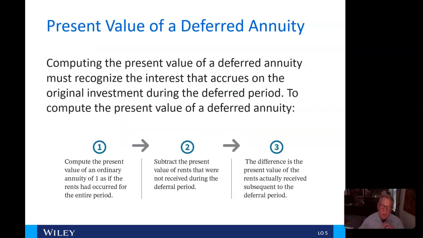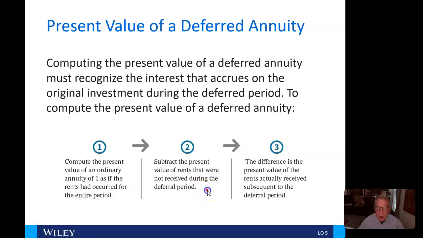Okay. Present value of a deferred annuity then. Computing the present value of a deferred annuity must recognize the interest that accrues on the original investment during the deferred period. To compute the present value of a deferred annuity, okay, we got 3 steps here. We're going to compute the present value of an ordinary annuity as if the rents had occurred for the entire period.